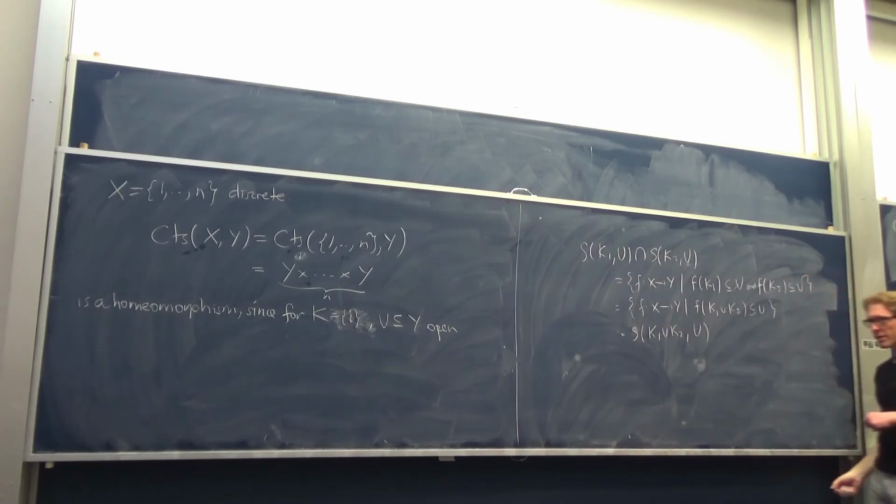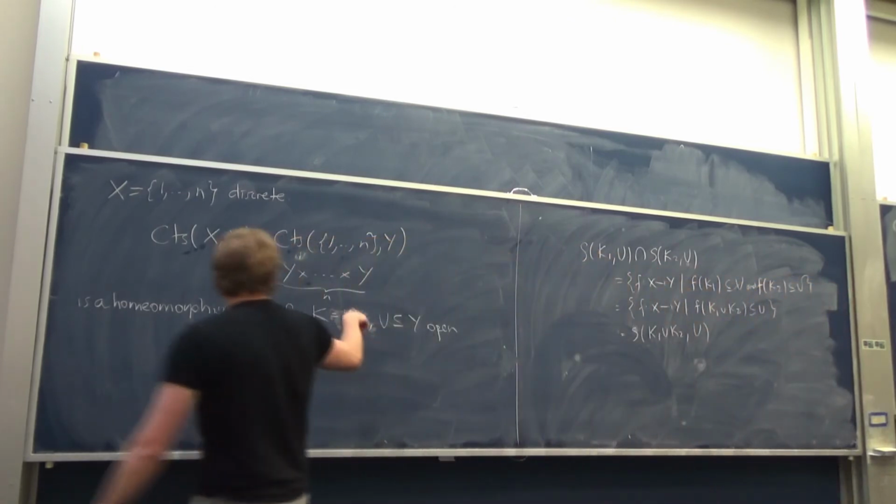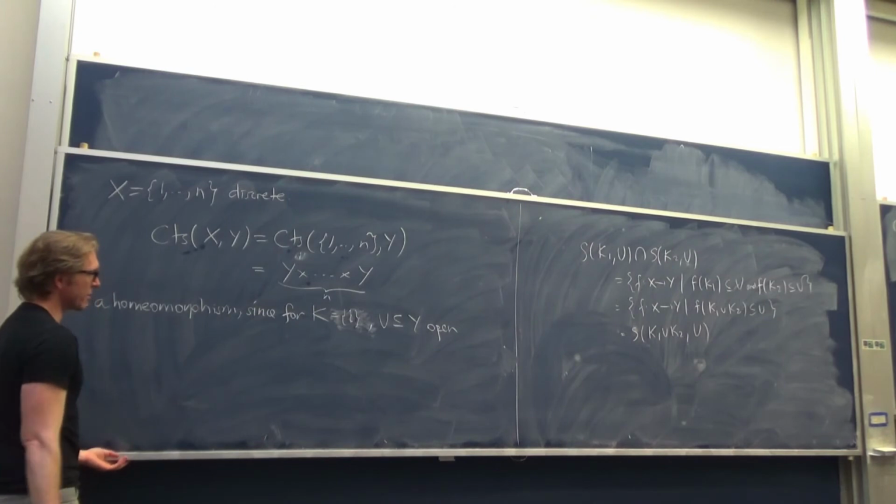Unions of compact subsets are compact, so that's a valid thing. That is why I can just write a singleton there, because if I took S(K,U) for K finite but not a singleton, it would just be an intersection of a bunch of these where K is a singleton. So this is also a sub-basis if I just take singletons.